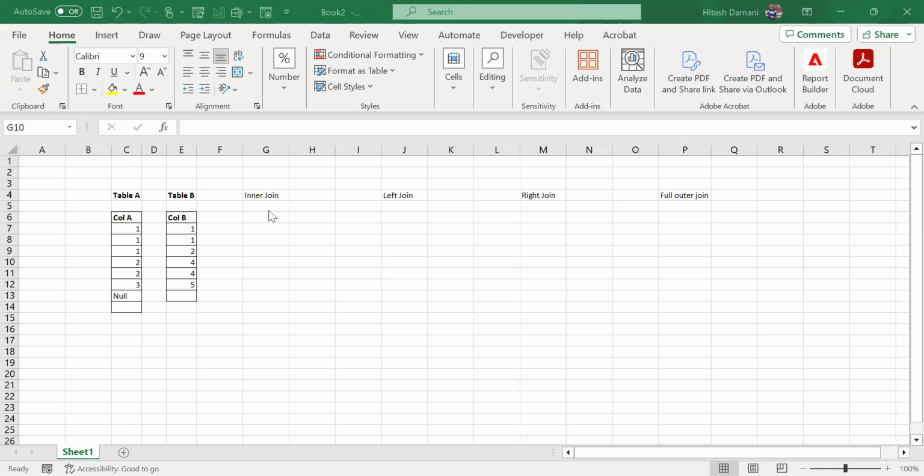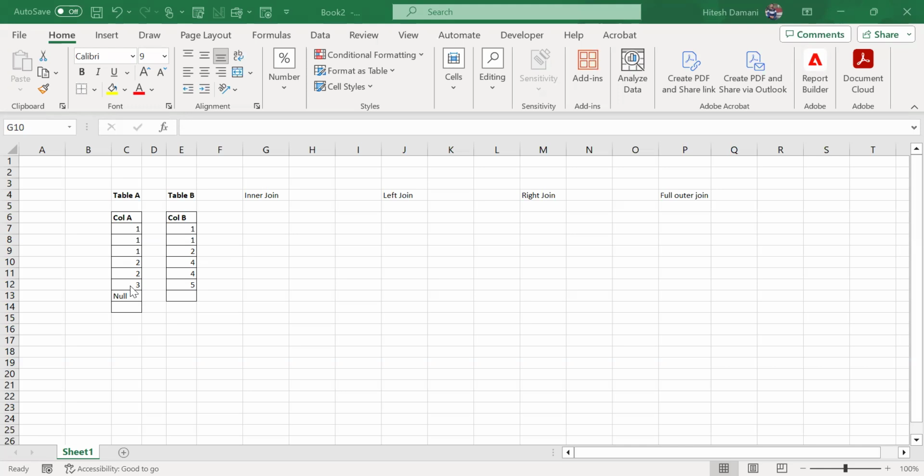So let me tell you what we mean by inner join. Inner join is nothing but it will contain the common records between both the tables, right? So over here, as we can see, one is common between both of these tables, and again two is common between both of these tables, right?